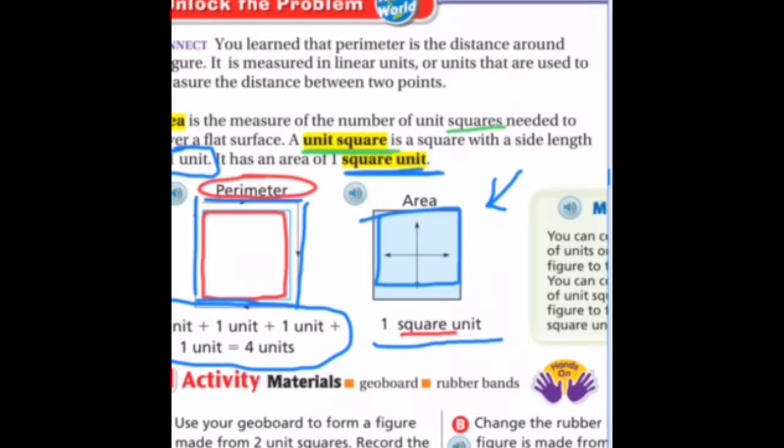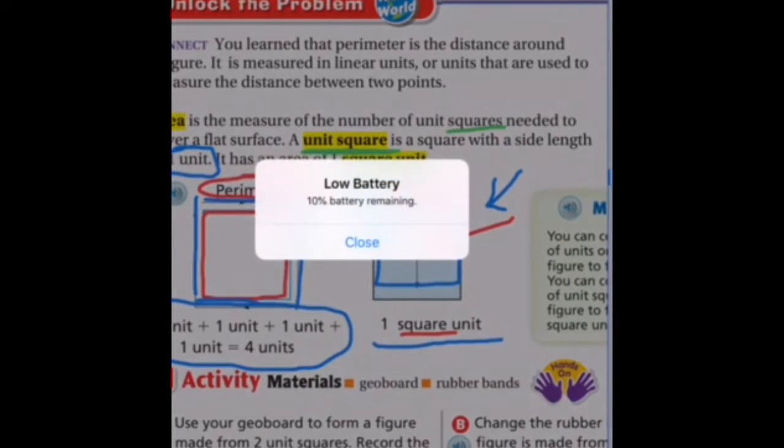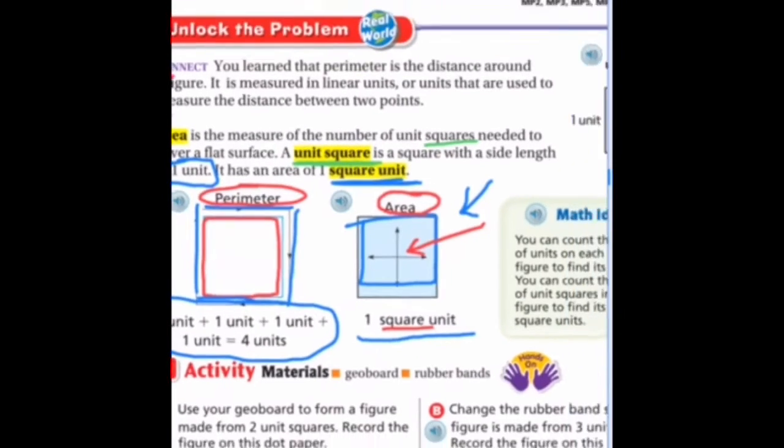So if you see anything that says square units or square centimeters, square inches, things like that, you know we're talking about area then. That's not the distance, but the amount of space on the inside, or the number of squares that we're counting. That's the name, square unit.